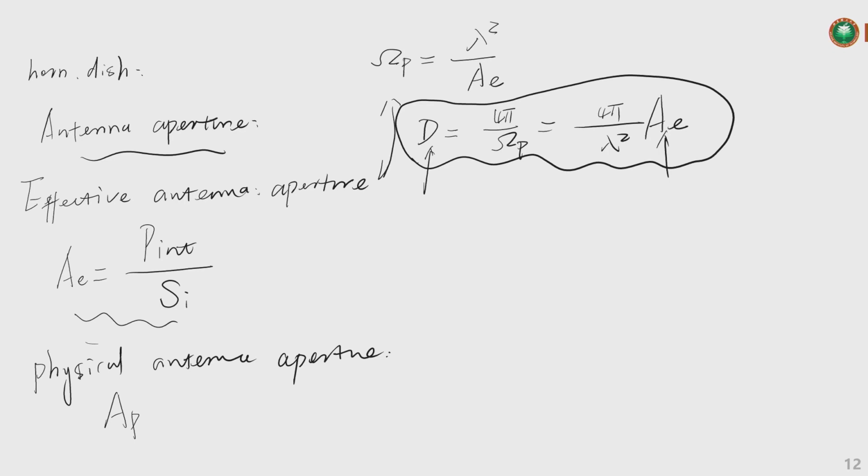But what's the difference between the physical antenna and the effective antenna? There is also an efficiency here, like the antenna gain and the directivity, right?